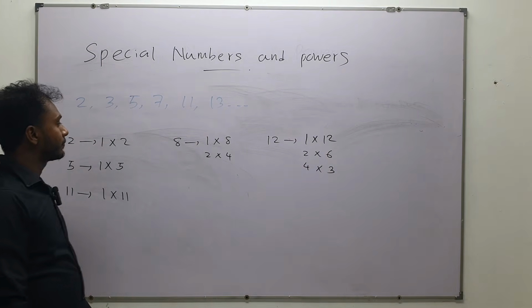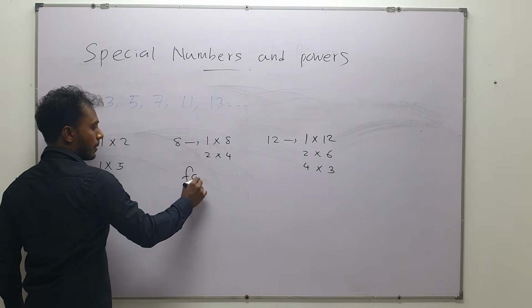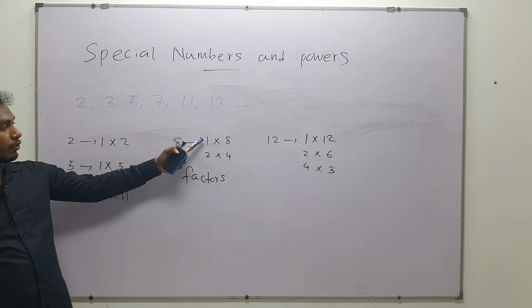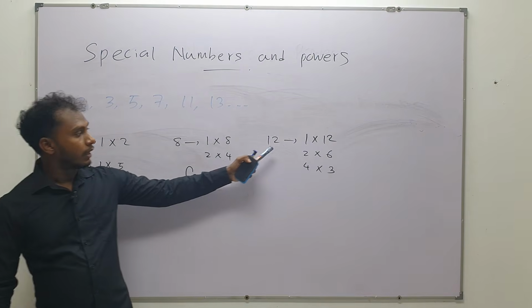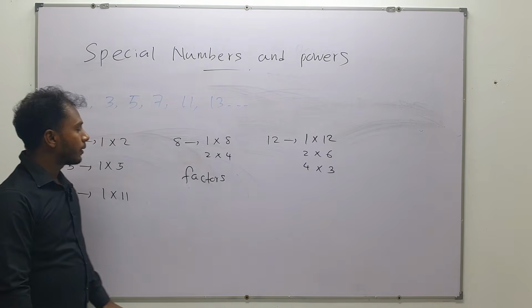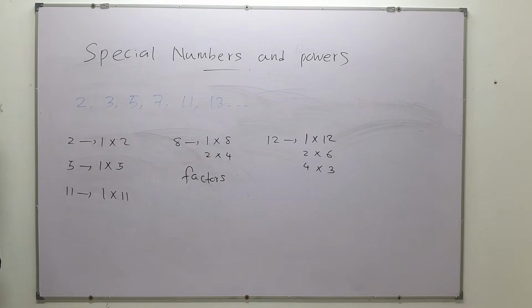So these are the factors of a number. That means there are 4 factors for number 8, and 1, 2, 3, 4, 5, 6 factors for number 12. But for the prime numbers, you can see that there are only 2 factors.